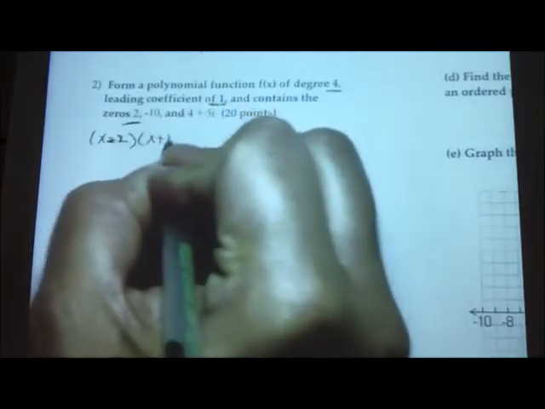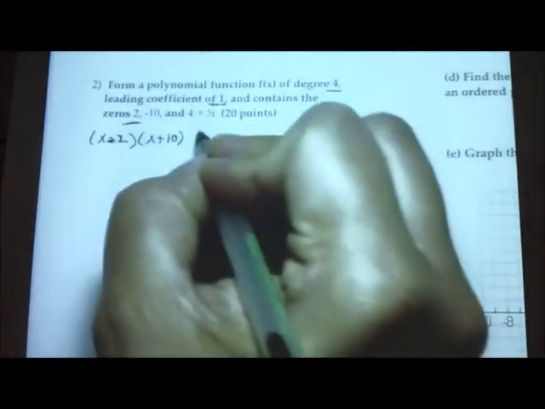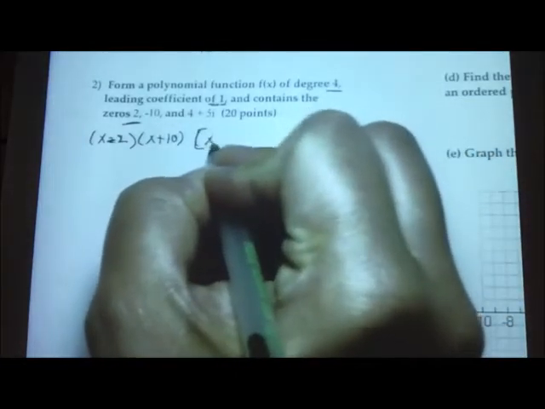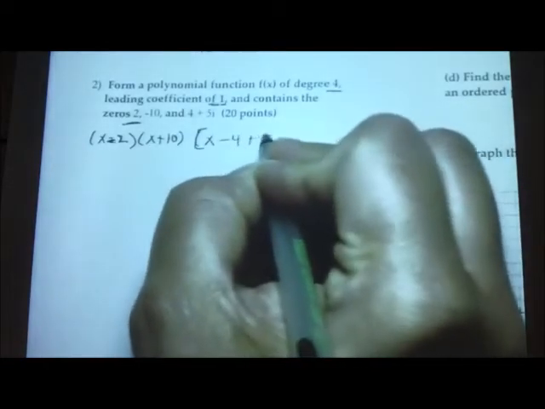Degree of 4, leading coefficient of 1. This 0 should become what? X minus 2. And this one should become x plus 10. And then that right there should become a crazy, or it's what? X minus 4 plus 5i.